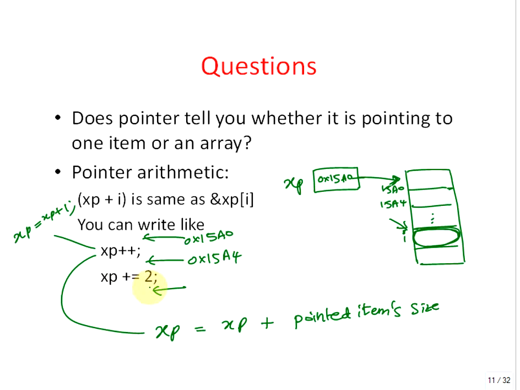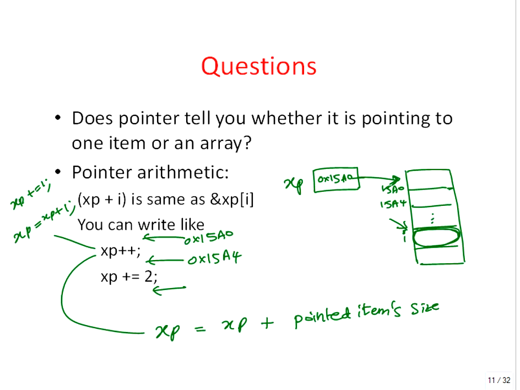There are several ways to write this; xp plus equal to 1 you can also write. Now xp plus equal to 2 means you want to go up by 2 positions, which results in xp equal to xp plus 2 times the pointed item size.